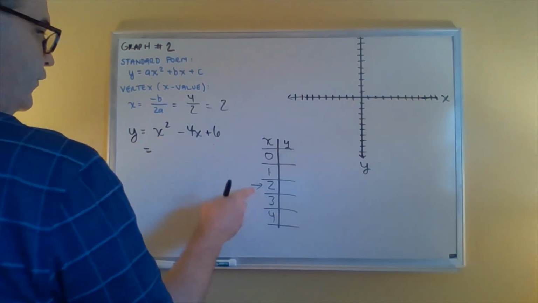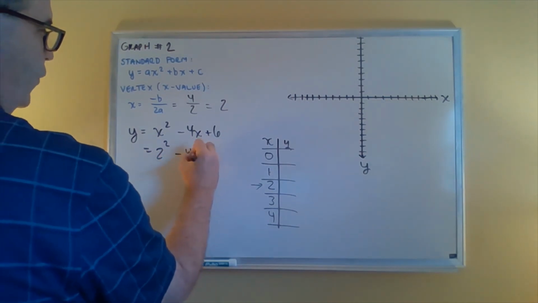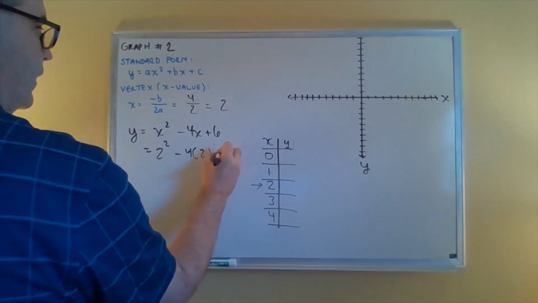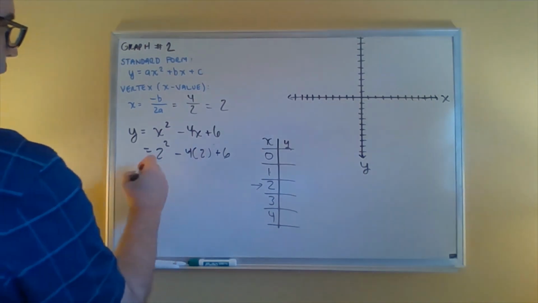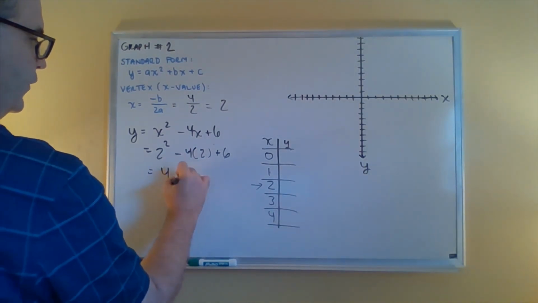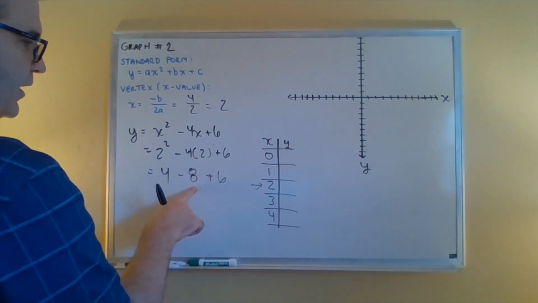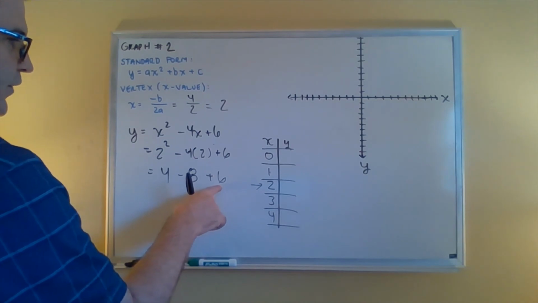So we're going to plug in first 2 for x. We're going to get 2 squared minus 4 times 2 plus 6. So 2 squared is 4. Negative 4 times 2 is negative 8, and plus 6. So 4 minus 8 is negative 4. Negative 4 plus 6 is a positive 2.